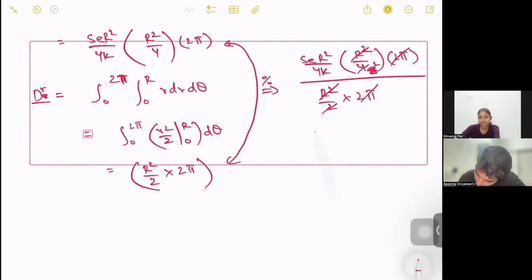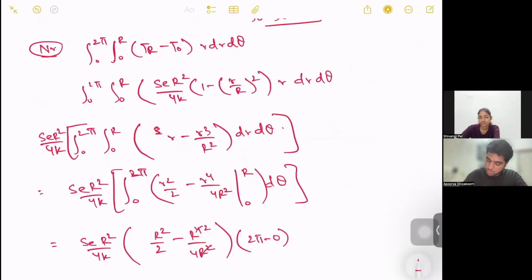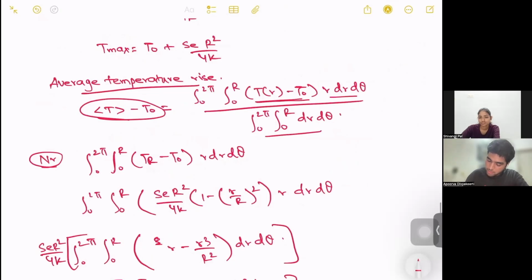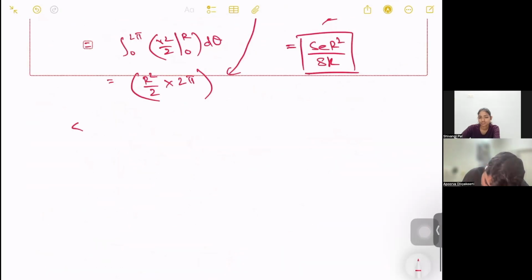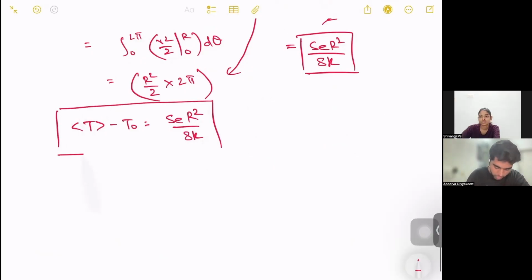So this is S_E R square by 8k. So now we got the average temperature: average temperature minus T naught equals S_E R square by 8k.